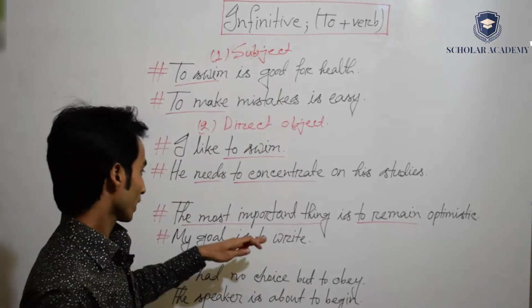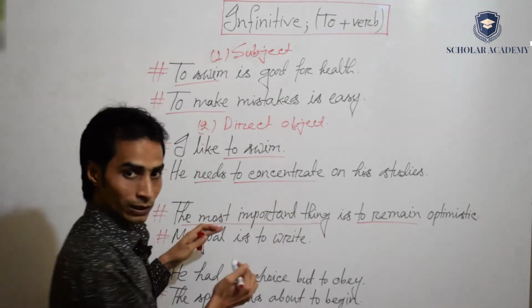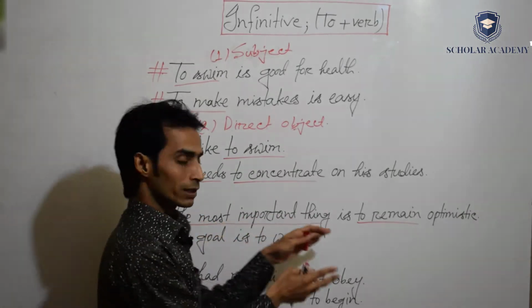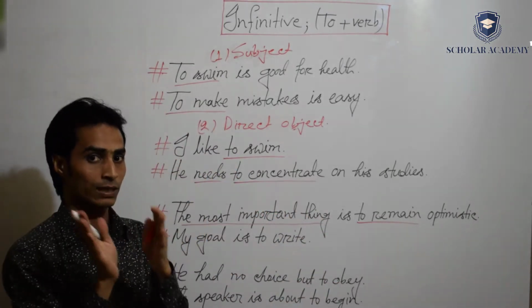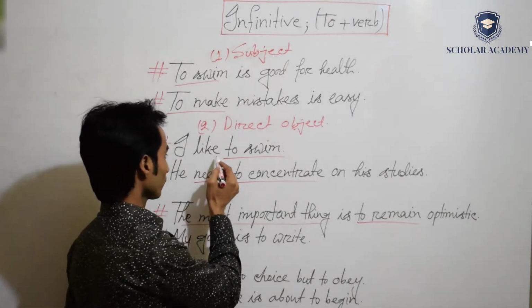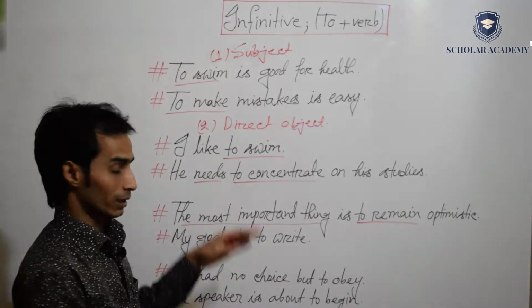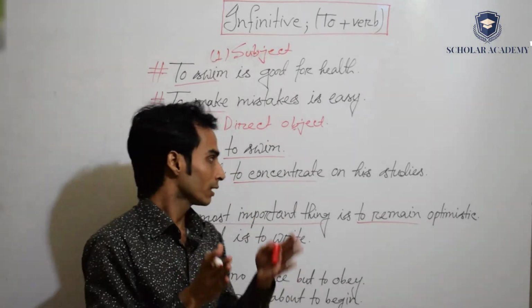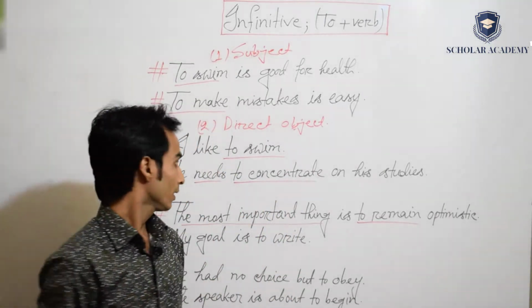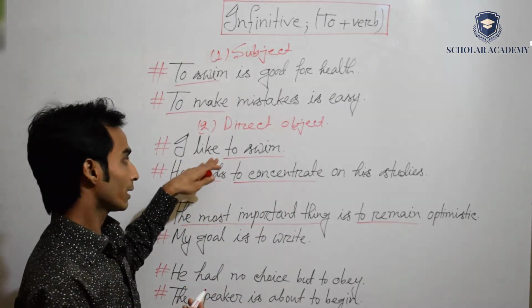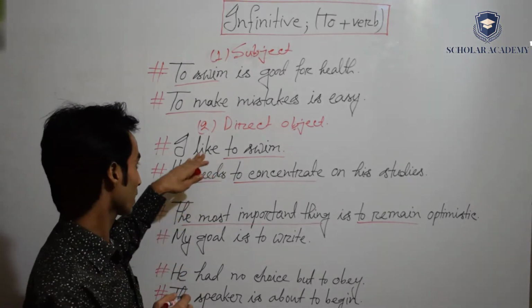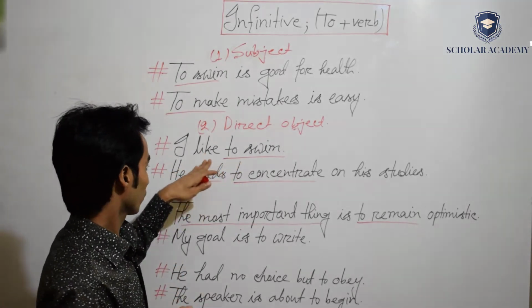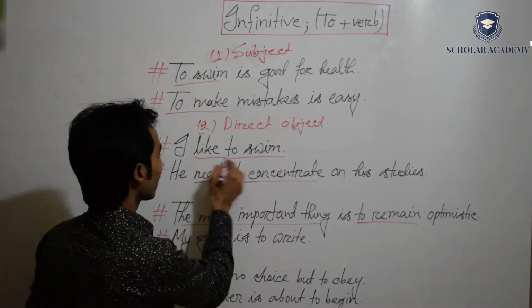Remember that the subject complement just looks like a direct object, but the difference is only the type of verb. In the previous sentence, like is a transitive verb.